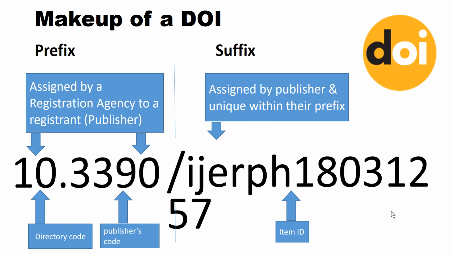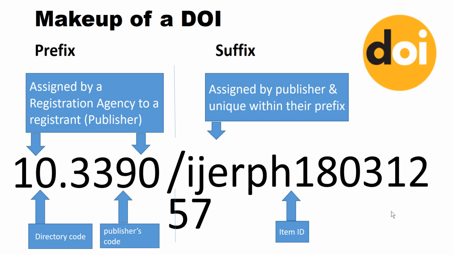Let's look at the makeup of a DOI. The DOI consists of a prefix and a suffix. In the prefix, we have information about the registration agency or a publisher. In the suffix, we have a unique string of numbers that identifies a specific journal article.